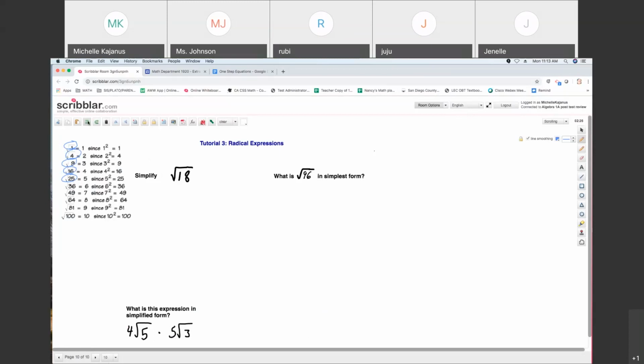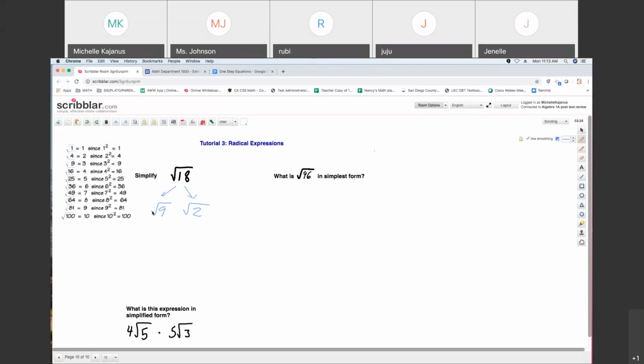Okay, so when a number does not have a square root, we have to do a couple more steps. First thing I want to do is break this down into 2 numbers. I want to find 2 numbers that multiply to 18, and the first ones that come to my mind are 9 and 2.